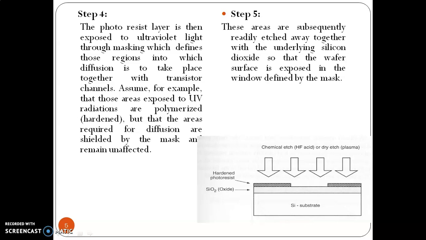So this is step number 4, and step number 5 would be hardening the area where the transistor is not to be grown, where it is not required. This is the effective area where the transistor is to be grown. That area is brought out by etching away the underlying silicon dioxide and exposing a window, using a mask. These are done in step number 4 and step number 5.